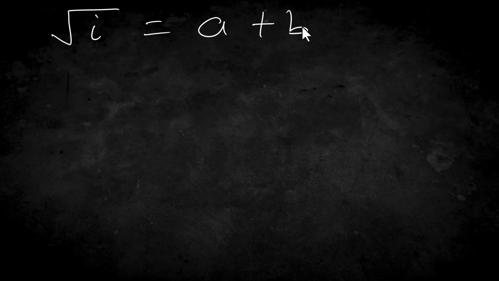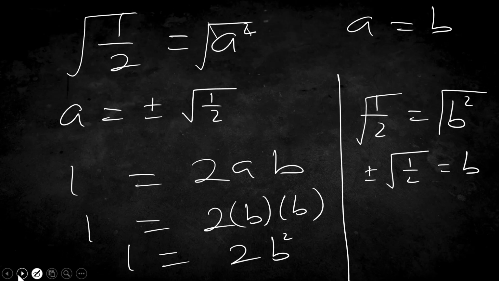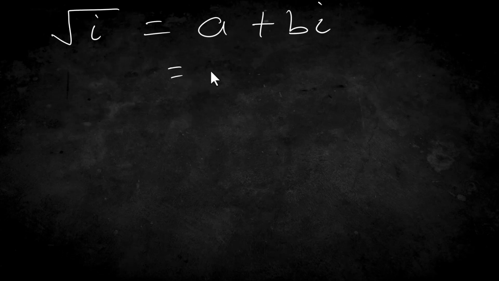So remember, the square root of i is a plus bi. So a, what is a? a is plus or minus the square root of 1 over 2.